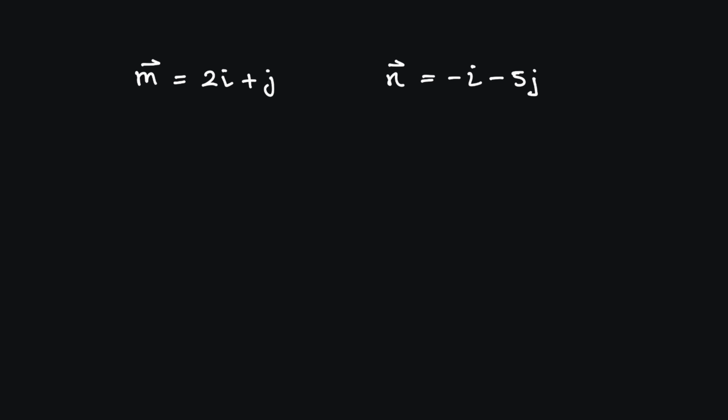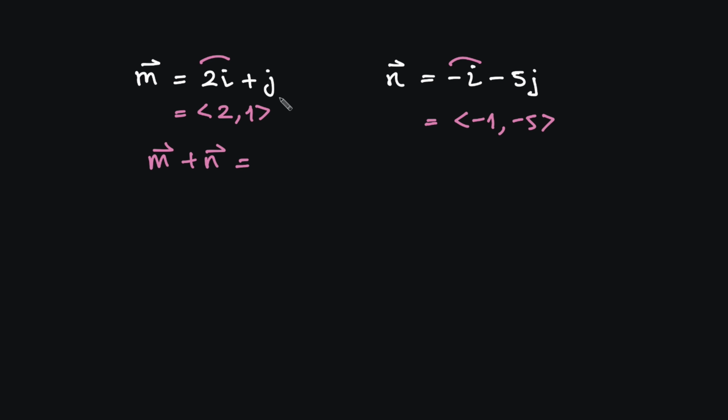Let's simply add M plus N. If we're adding these two vectors, remember what we learned in the previous video: this 2i and this -i are actually the horizontal components of each of the vectors. You can rewrite N in component form as (-1, -5) if you want. You can do the same thing here, (2, 1).